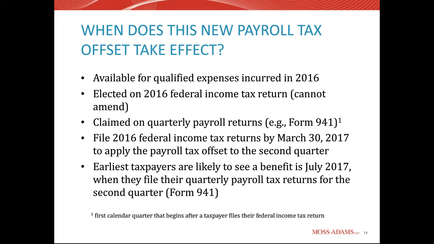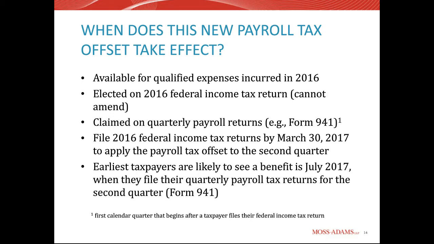Then after you file that return, the credit is going to carry over and offset payroll taxes in the following quarter. So for example, if you file your tax return by March 30th, 2017, then your credit would be applied against payroll taxes in the second quarter. So we're talking the April, May, June timeframe.